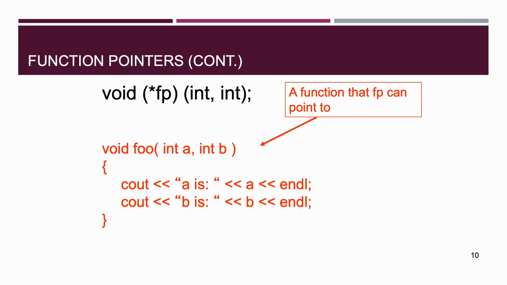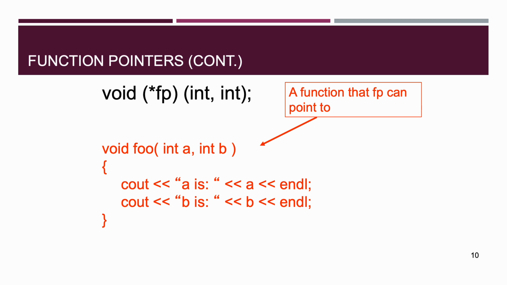Now take a look at the foo function here. This function matches the signature of our function pointer fp. It accepts two integer parameters and returns void. Inside foo, it simply prints the value of a and b. Since foo has the correct signature, we can assign its address to fp and then use fp to call foo.